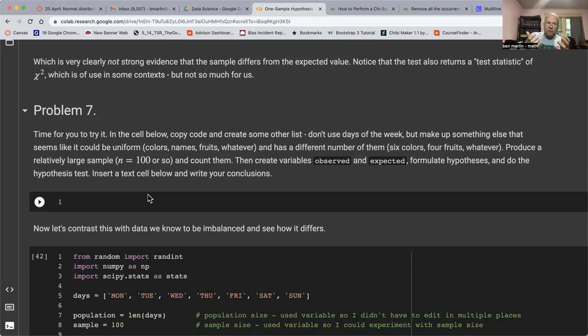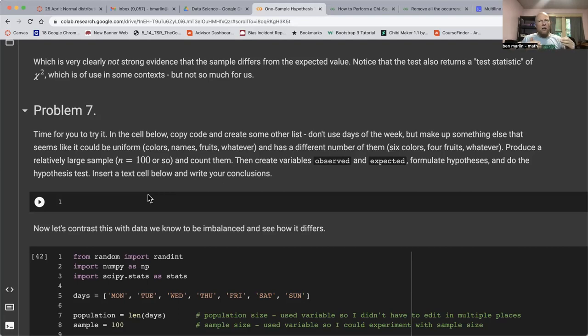But produce a relatively large sample. So what I would say is take my code and take the pieces and pop them into one single cell and get rid of some of the printouts because they're not going to really help you that much.